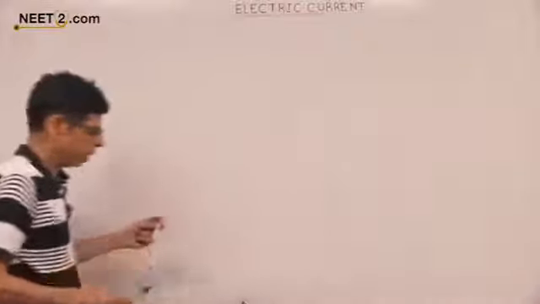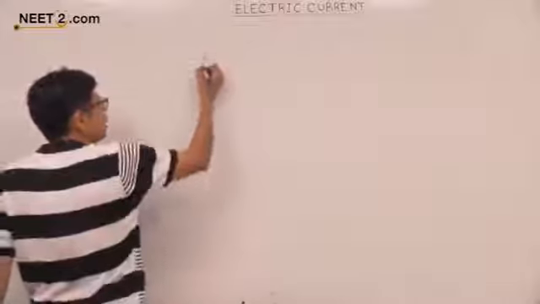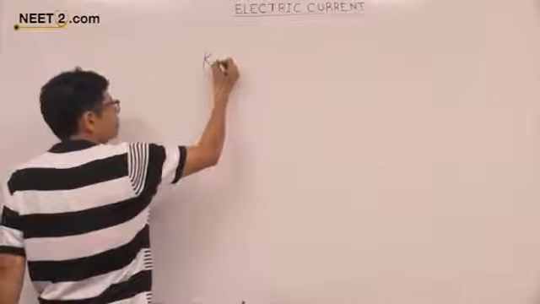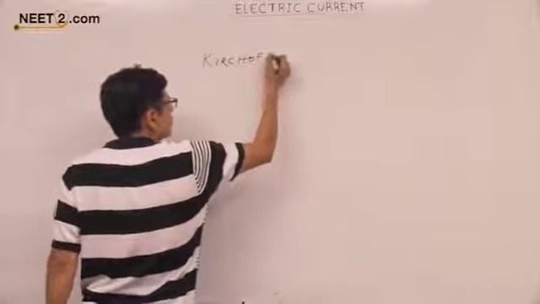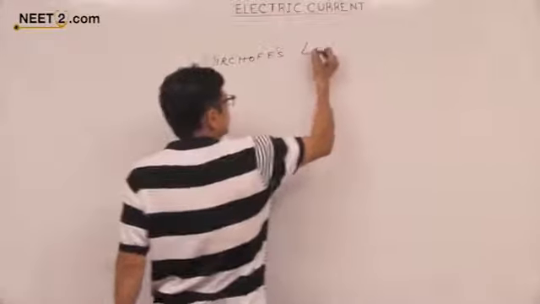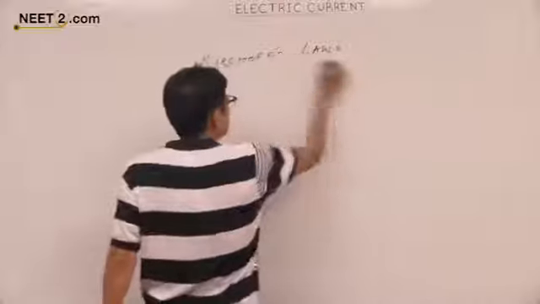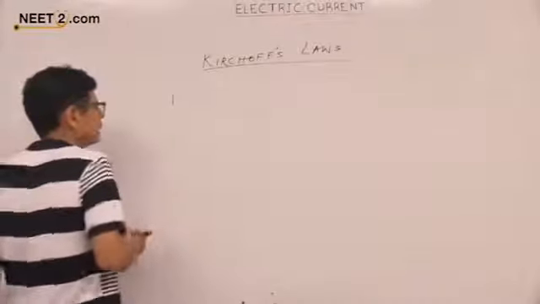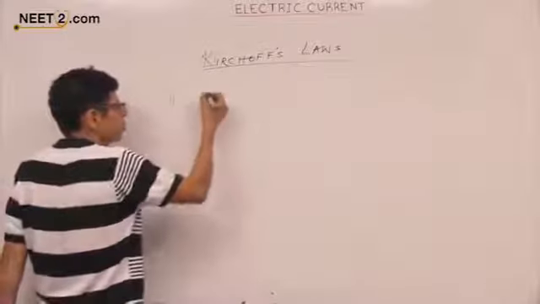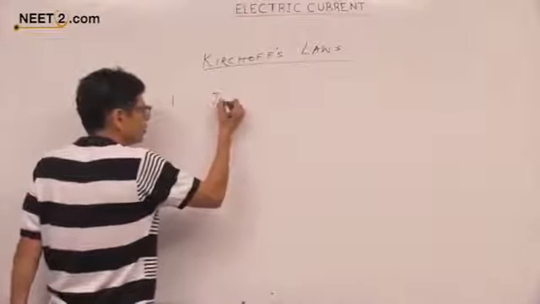Okay, next would be Kirchhoff's laws. There are two laws. They have names. The first law is called the junction rule.